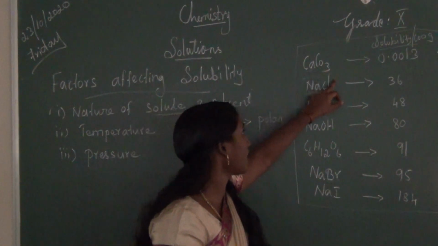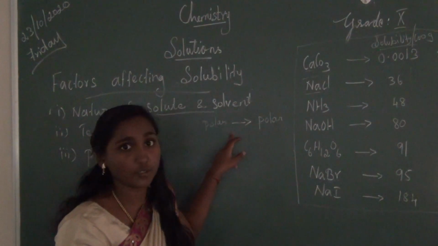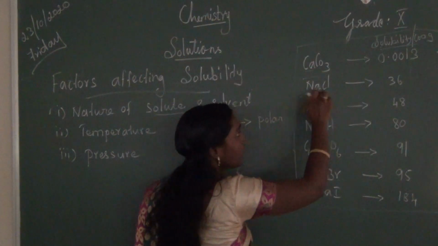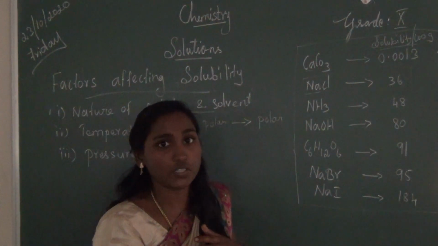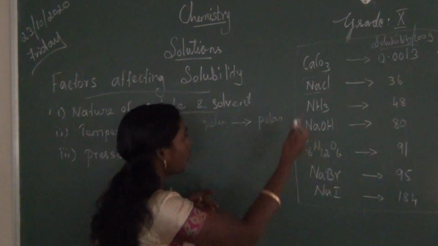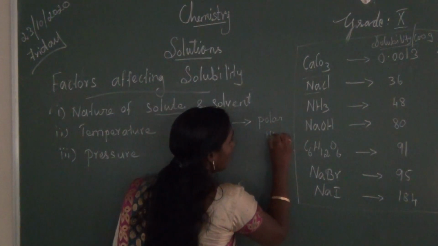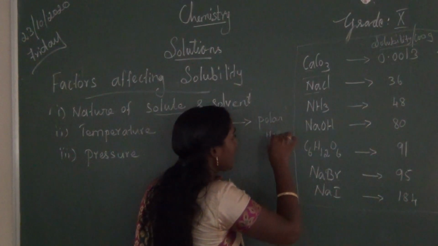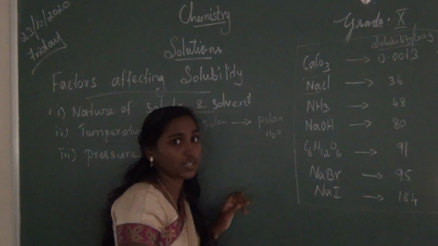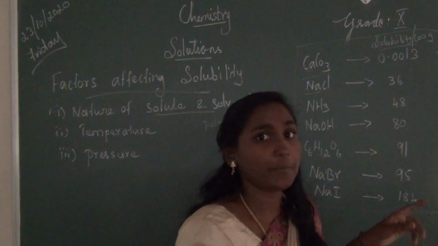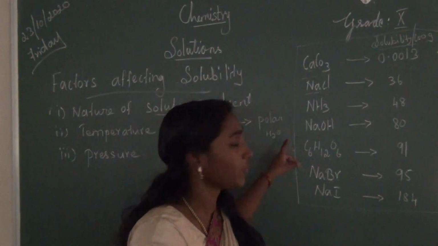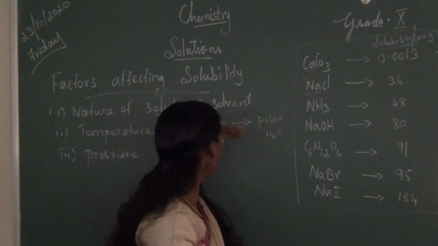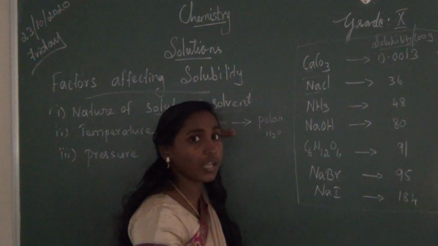Ionic character compounds are called polar compounds. This polar compound can dissolve in polar solvent. A better example of polar solvent is water. When water is split, it splits into H plus and OH minus. Here also ions form.